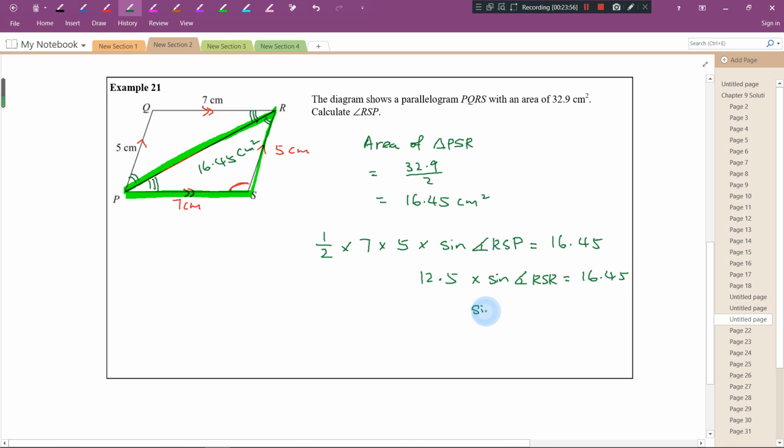Okay, so sine angle RSP is 16.45 divided by 12.5. Okay.